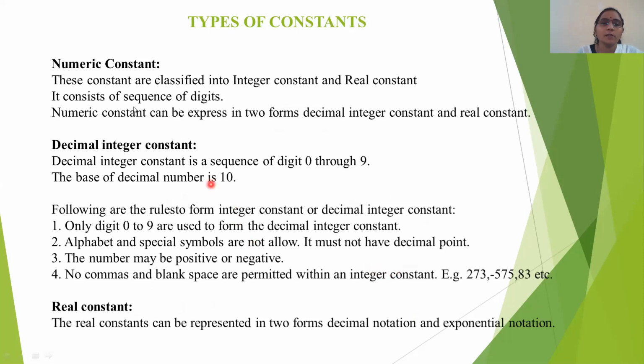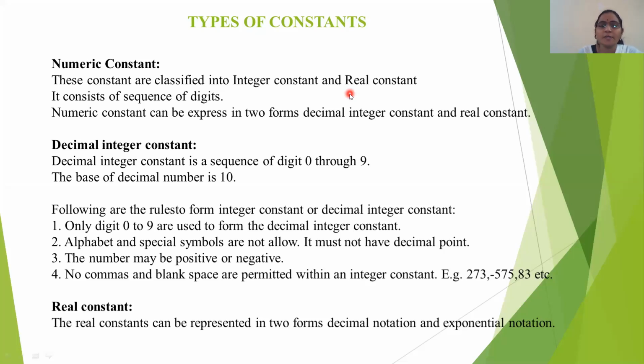Numeric constant. The word indicates its meaning. Numeric means what? The constant which consists of only numbers, and that's why the name is given as numeric constant. Again, the numeric constants are classified into the integer constant and real constant. All of you are aware of the concept of integer and real, because we have already completed the data types integer as well as real.